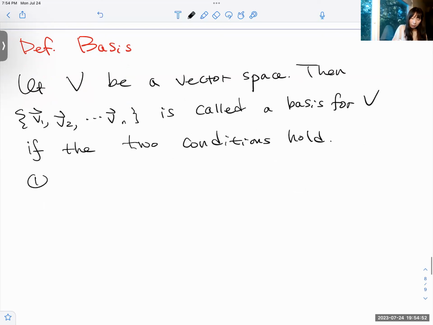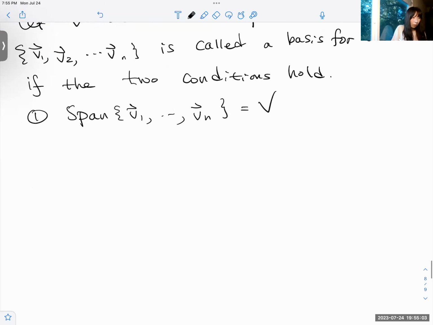Number one, the span of vectors V1 to Vn is the vector space, and number two, vectors V1 to Vn are linearly independent.